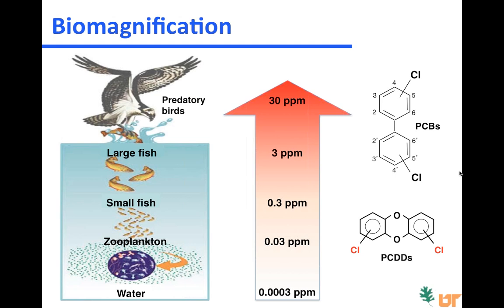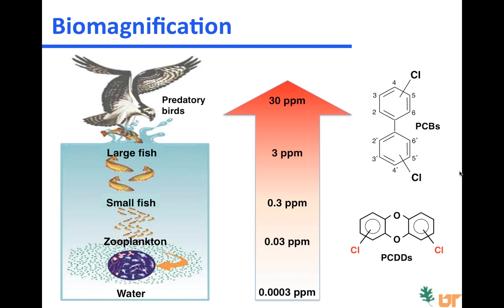The problem here is that you may have very low concentrations in the water, but then when microbes, zooplankton, ingest these chemicals, and then small fish eat the zooplankton, the small fish are eaten by larger fish, and the predatory birds eat the larger fish, or humans get these fish.